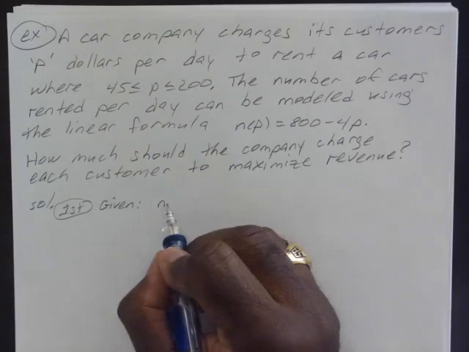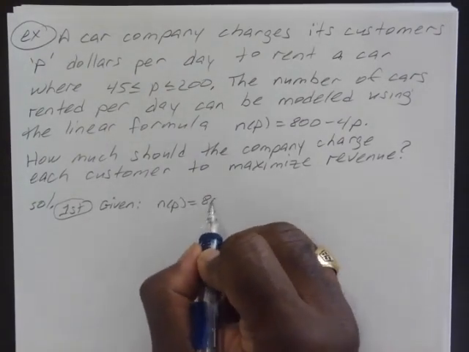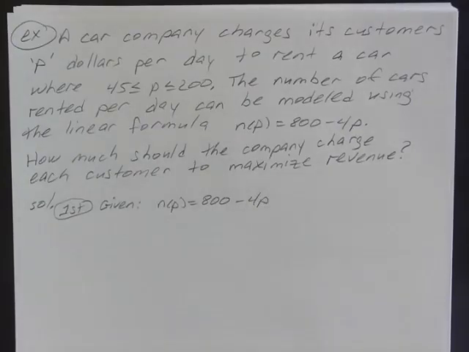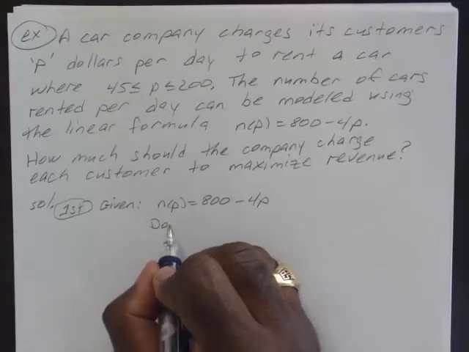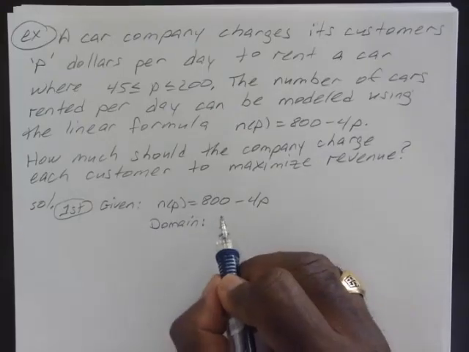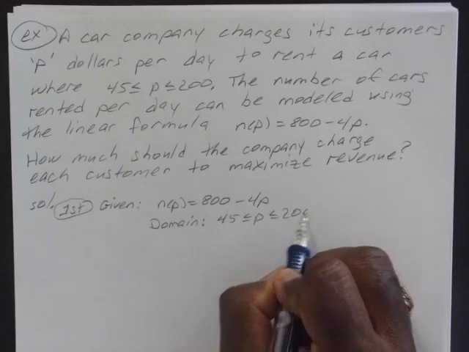We know that the number of cars at a particular price would be 800 minus 4 times P. And we also know that the range of the price, or you can say the domain, is between $45 and $200.